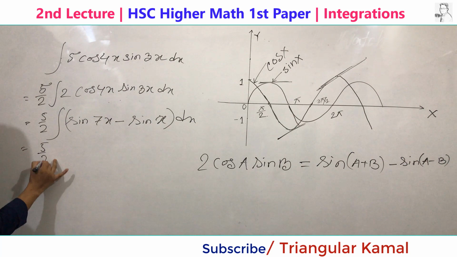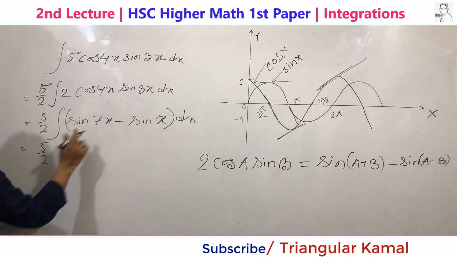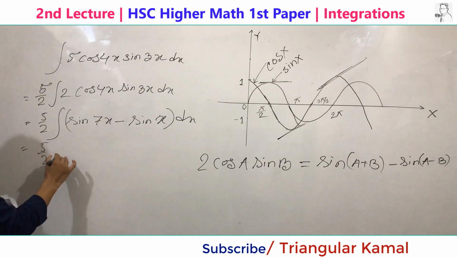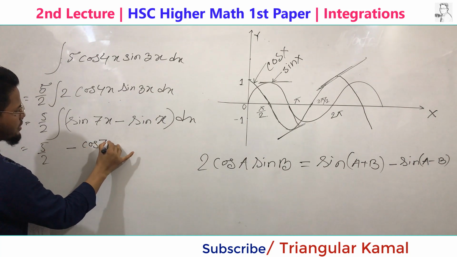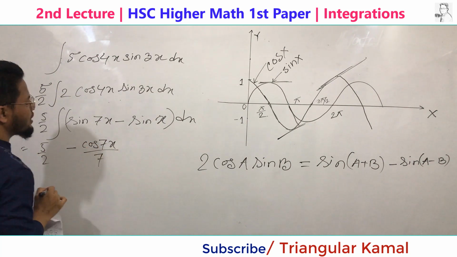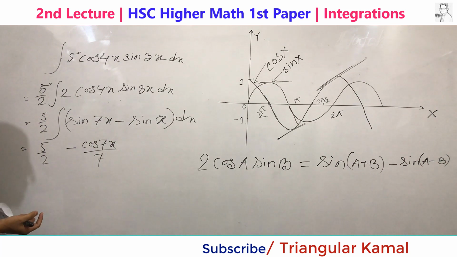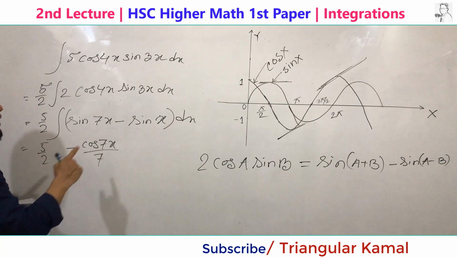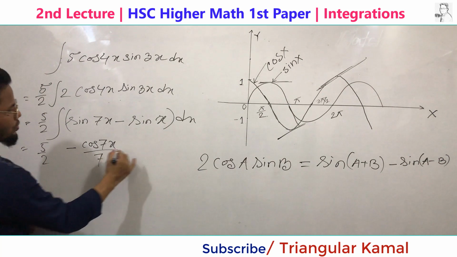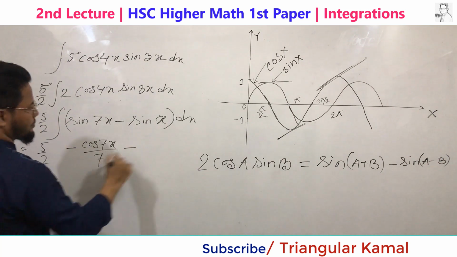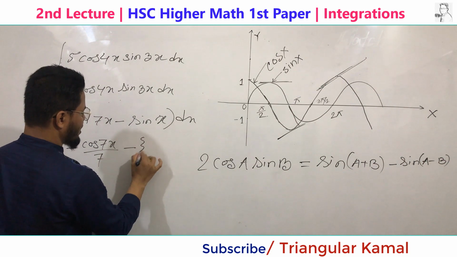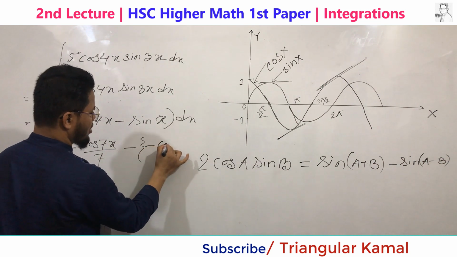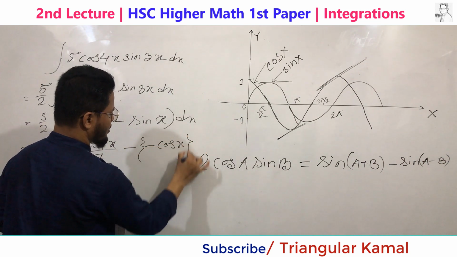Now this one is 5 by 2, and integration of this one we get here minus cos 7x divided by 7, like sin twice x integration will be minus cos twice x divided by 2, then minus, and here we will get minus cos of x.